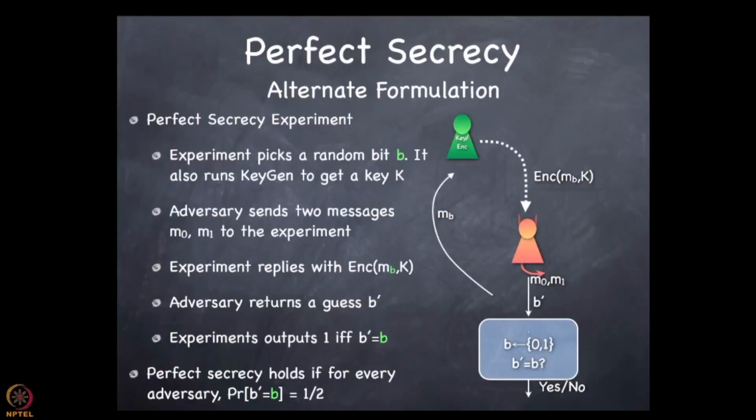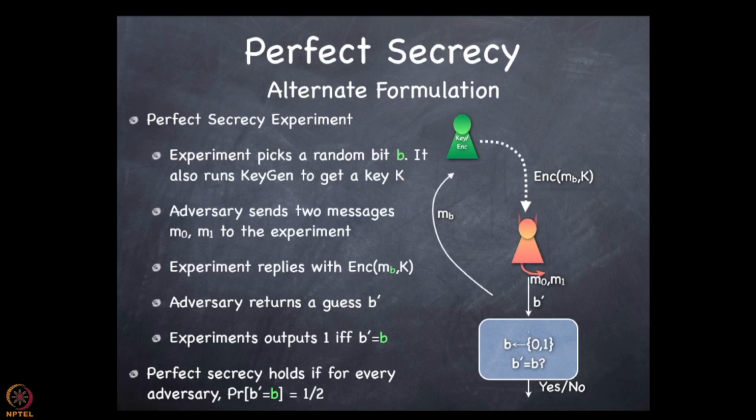Any questions on this? We are allowing the adversary to pick any two messages of its choice. So it would seem like the adversary has to be cleverer, because maybe it's only for some particular pair of messages that the distributions are different, and it will have to pick those.